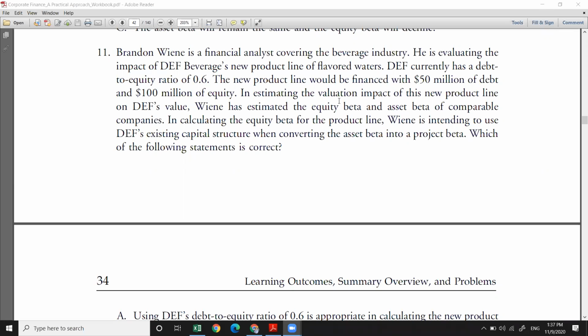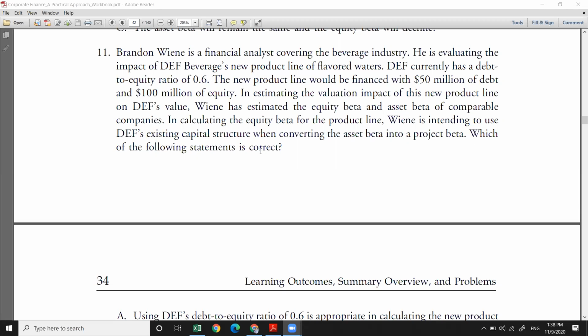In evaluating the impact of the new product line on DEF's value, Wynn has estimated the equity beta and asset beta for comparable companies in calculating the equity beta for the product line. Wynn intends to use DEF's existing capital structure when converting the asset beta into project beta.